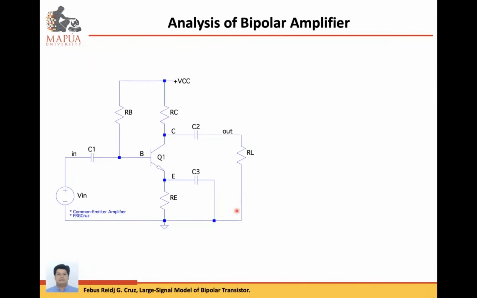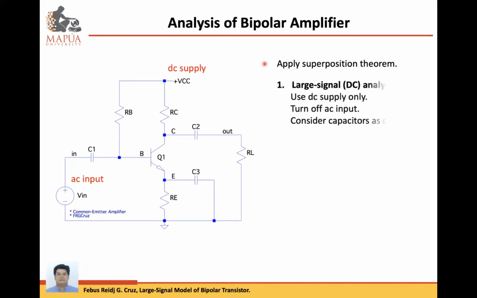For our analysis of the bipolar amplifier, we have the AC input and the DC supply. Again, we are going to apply the superposition theorem. The first step is the large signal DC analysis. You are going to use the DC supply only and turn off the AC input, and we are going to consider the capacitors as open circuit.